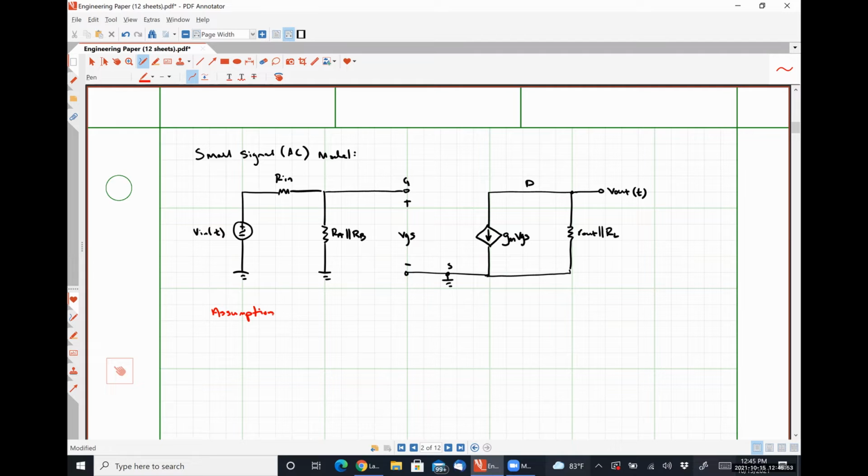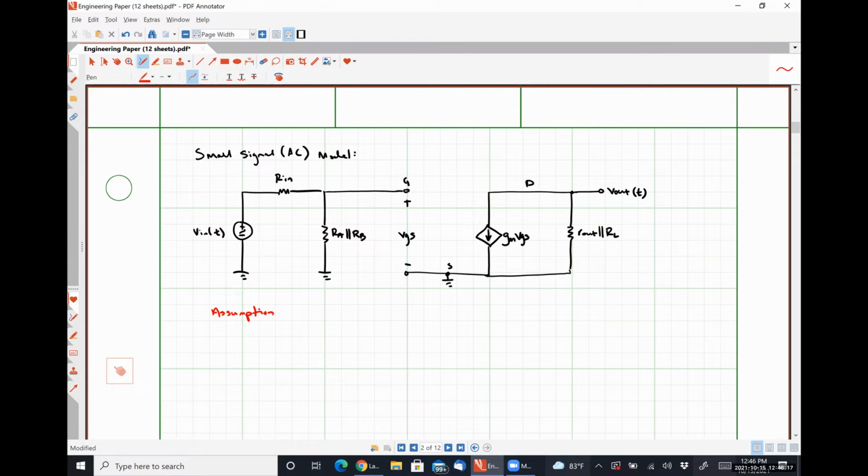So, I think a rather obvious question might be, where'd the capacitor go? Right? For the capacitor to look like an open circuit at DC makes perfect sense, but why did I not draw it here? Anybody have any thoughts? Or anybody know what assumption I'm making? Right?